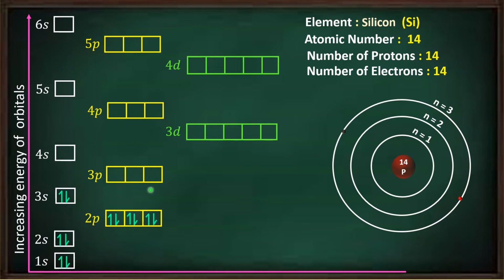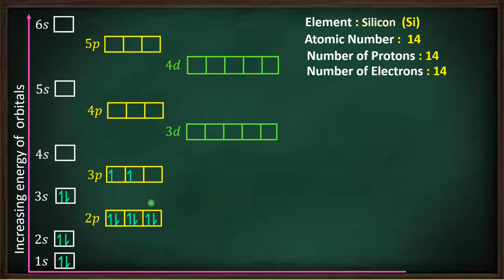Next electrons enter into 3p. So totally 12 electrons have been filled. 13th electron occupies one of the empty orbitals of 3p, and the last electron, that is the discriminating electron, occupies the other empty 3p orbital.